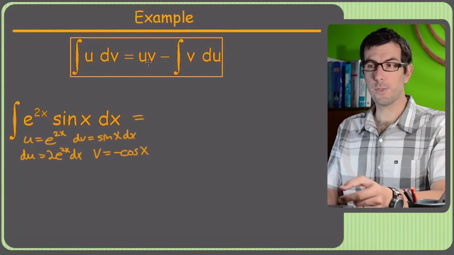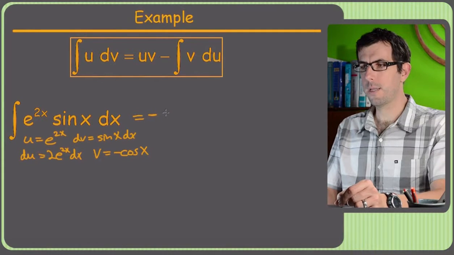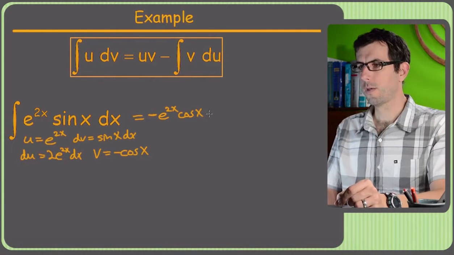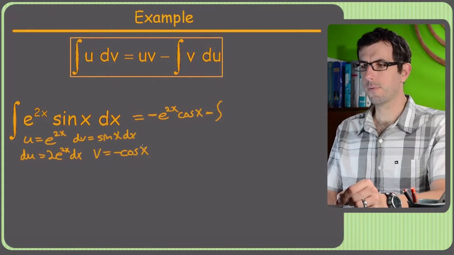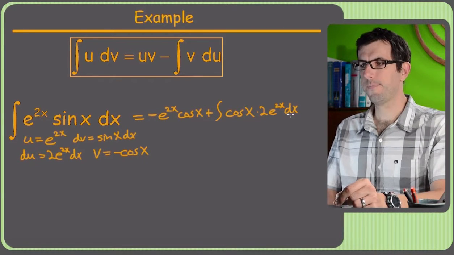So just plug and chug as usual, uv. So that's going to be negative e to 2x cosine x minus the integral of v, which is negative cosine x, times du, which is 2 e to 2x dx.